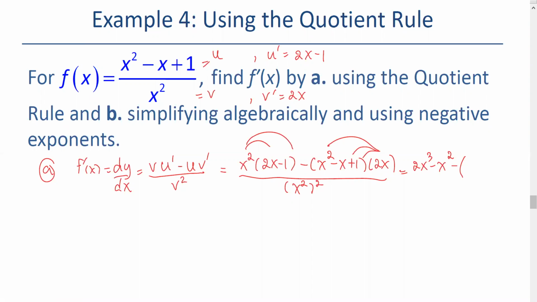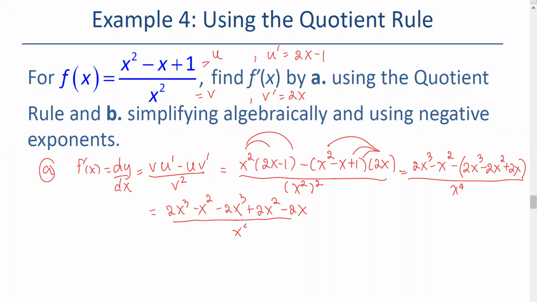So 2x times x squared gives us 2x to the third minus 2x to the second plus 2x, and all has the negative sign in front, divided by x to the fourth. Simplify one more time. By the quotient rule, we get 2x to the third minus x squared minus 2x to the third plus 2x to the second minus 2x, all divided by x to the fourth.